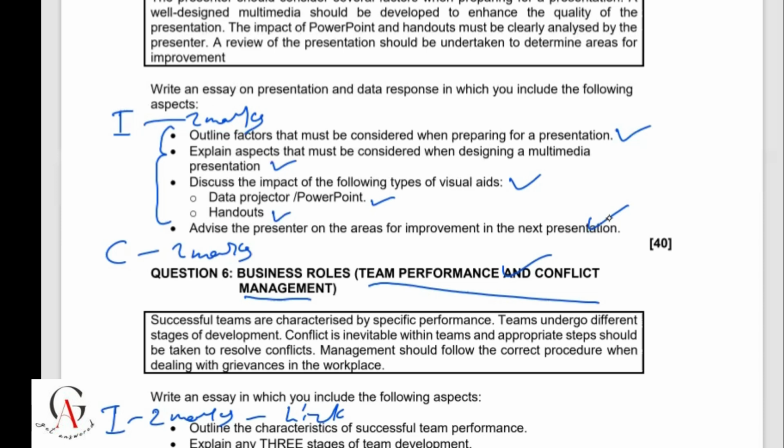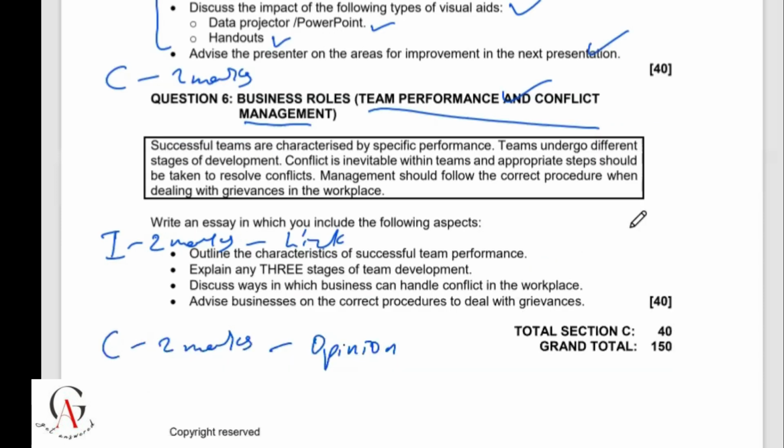Okay, right. So now let's move on to question 6. Question 6 is in line with team performance and conflict management. If you still remember, in a previous paper we discussed the issue of team performance and conflict management.